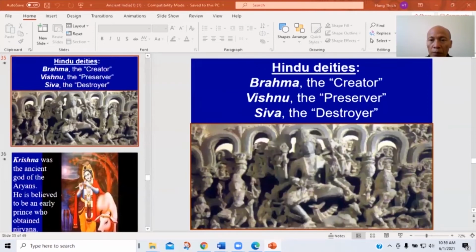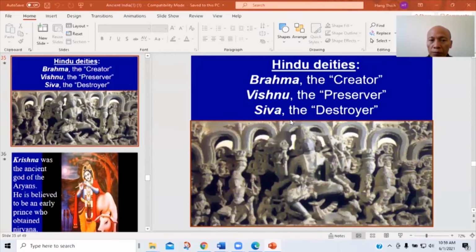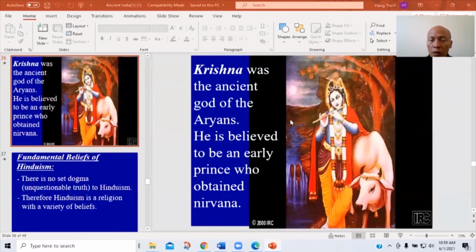Basically they have three main deities: Brahma, the creator; Vishnu, the preserver; and Shiva, the destroyer. And Krishna was the ancient god of the Aryans, believed to be an early prince who obtained nirvana.